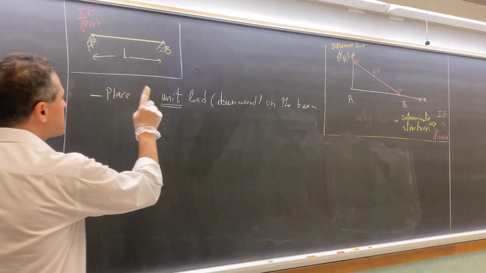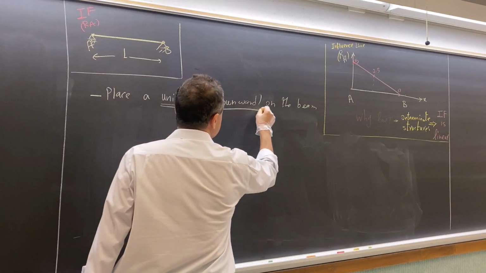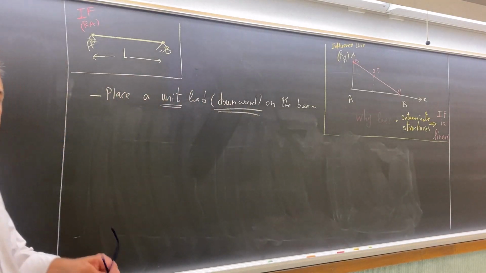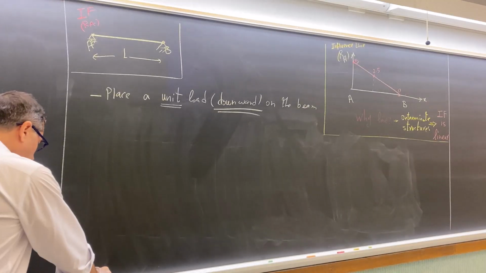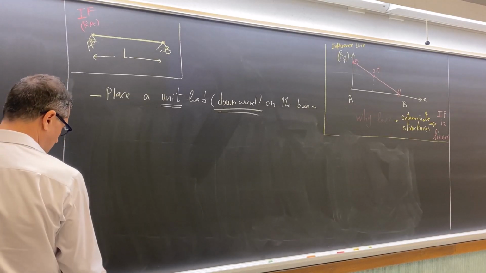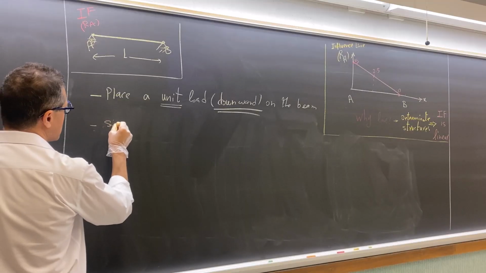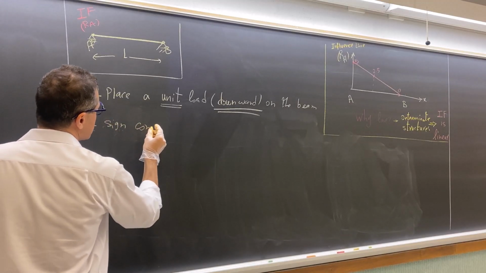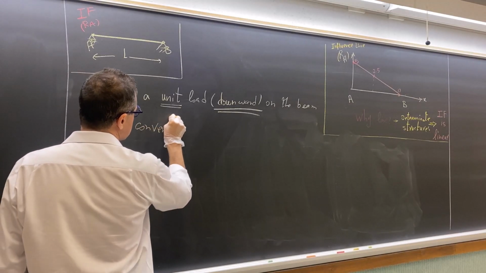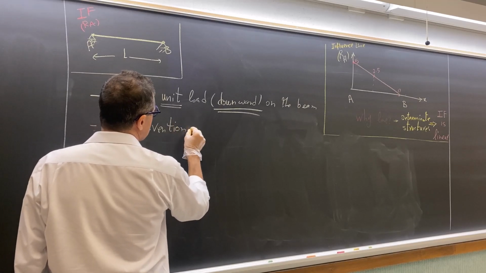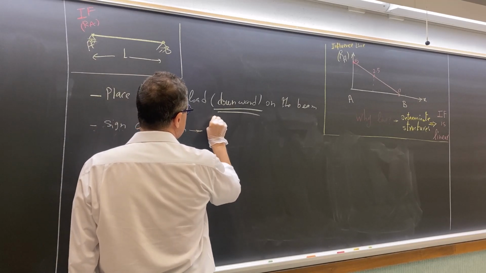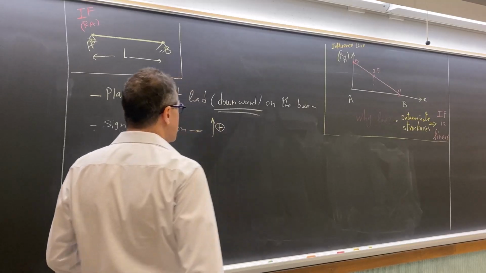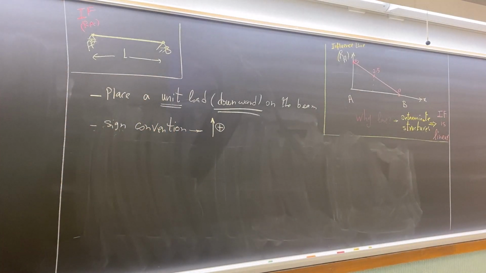You always place a unit load and it is always downward. The sign convention is positive upward. So sign convention for the unit load is assumed to be positive when it is upward. This is just a sign convention.